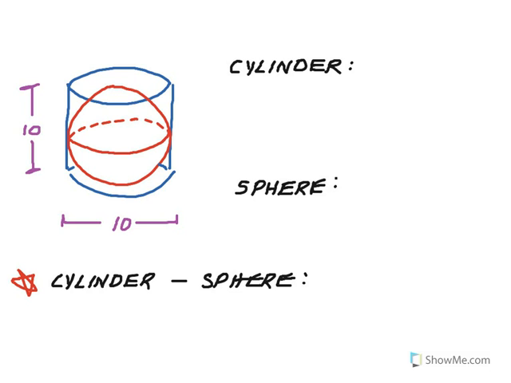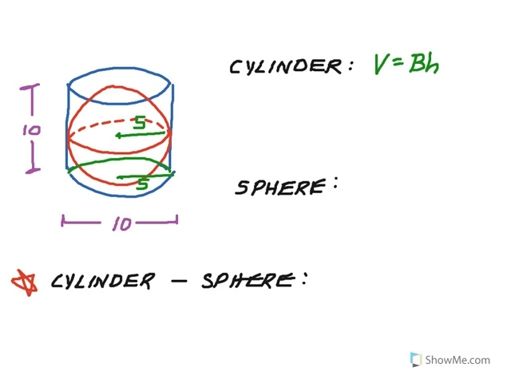So first of all, the first thing to do is to find the radius, and of course if the diameter of both the cylinder and the sphere is 10, then this radius for both is 5. And that's really the only dimension that we need besides the base area. If I draw in the base of this cylinder, of course, its radius is also 5. So the volume of the cylinder is base times height.